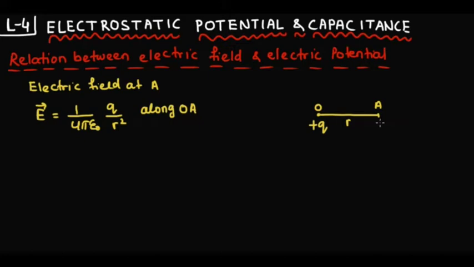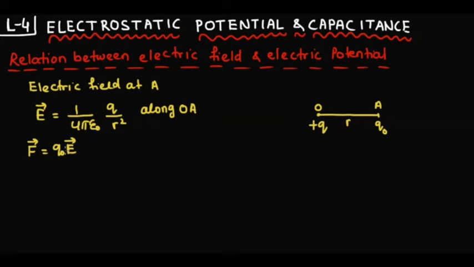Now if at this point A I place a test charge q naught, then this test charge will experience a repulsive force. And what is the value of that repulsive force? F vector is equal to q naught into E vector, because we know that when a charge is placed at a point having some electric field, the force acting on it is equal to charge times electric field.